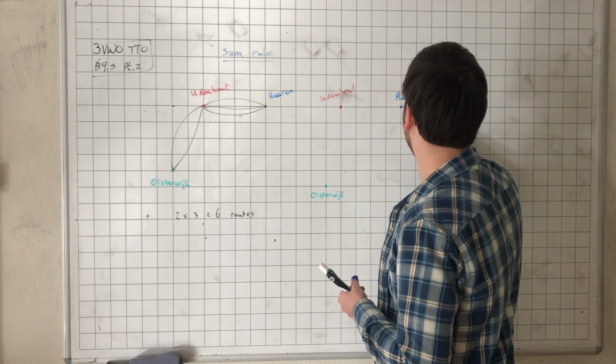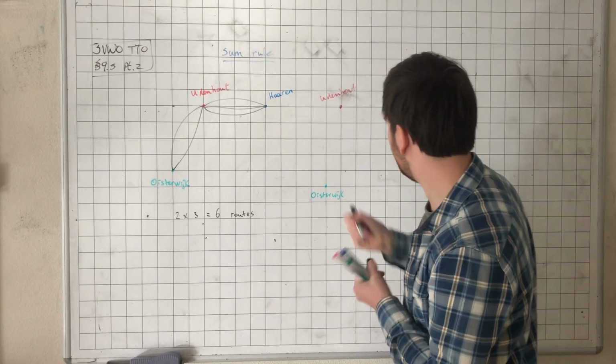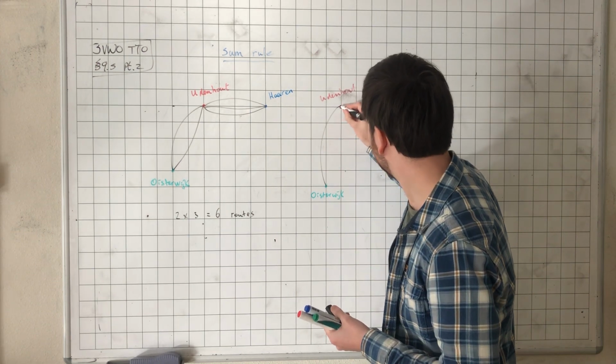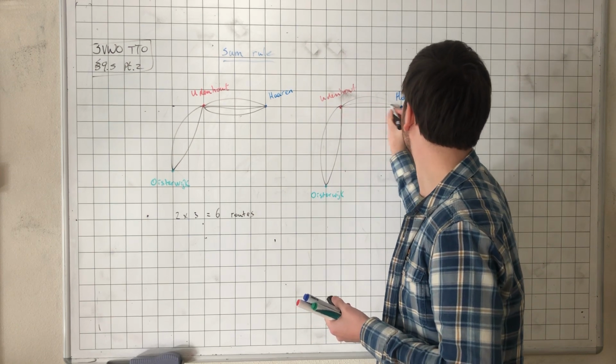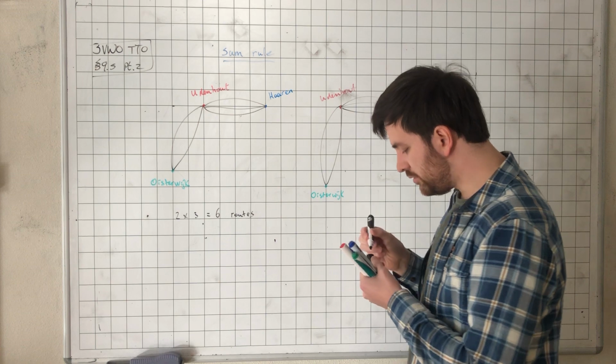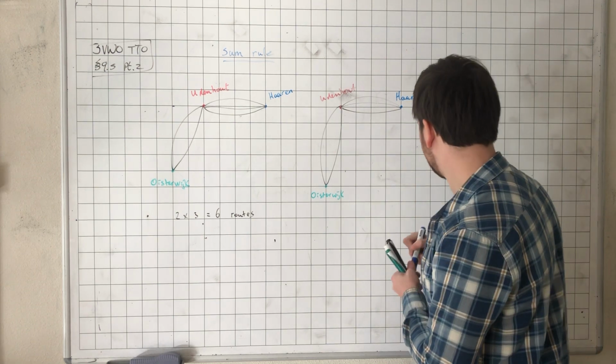And for that part, nothing will change. So that means that there are still 2 routes between Oostenrijk and Udenhout, and there are 3 routes between Udenhout and Haven. But I'm going to add a 4th village. Let's do that over here.